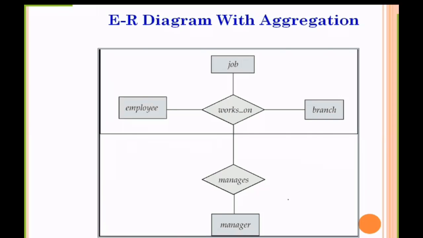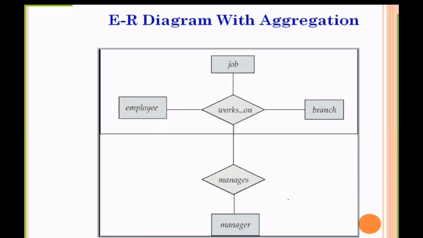Every works on entry, which comprises employee name, job name and branch, will be managed by the manager. So manages is a relationship between manager and works on, and works on itself is a relationship between employee, job and branch.